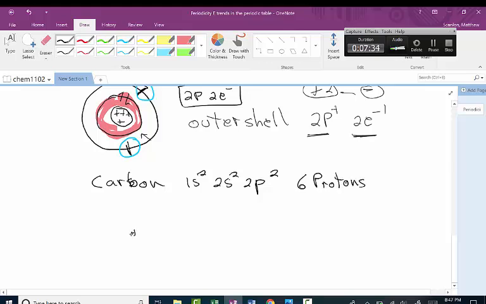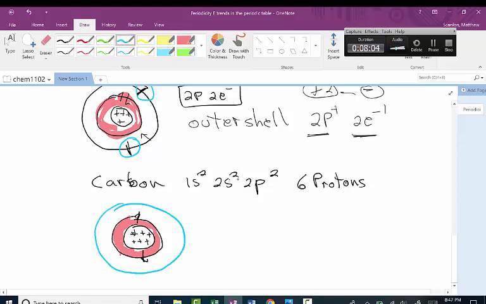And so here they are, plus, plus, plus, plus, plus, plus. And I have 2 electrons out here in this shell. Again, here I'm going to draw it better this time. 1 there and 1 there. That's this shell. And then on my outer shell, I have 1, 2, 3, 4 electrons left. So here they are. I should put it in black.